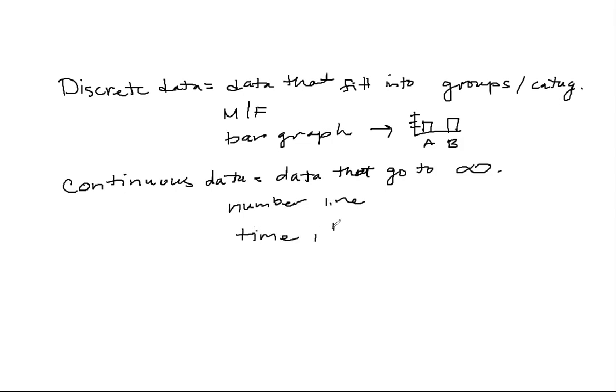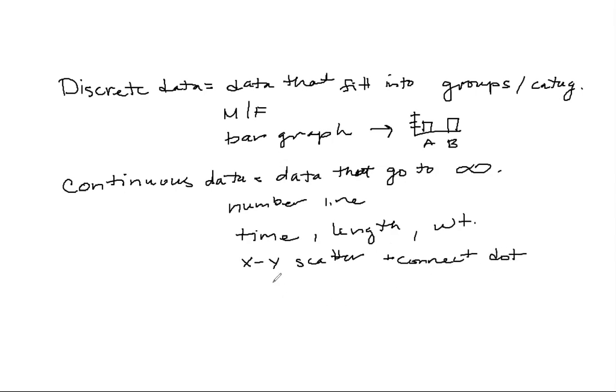So time, length, weight, etc. If we have continuous data, then you're going to make an XY scatter plot, and connect the dots, most likely. So it ends up being a line graph, okay?